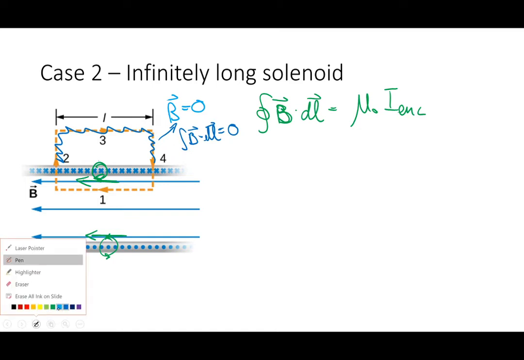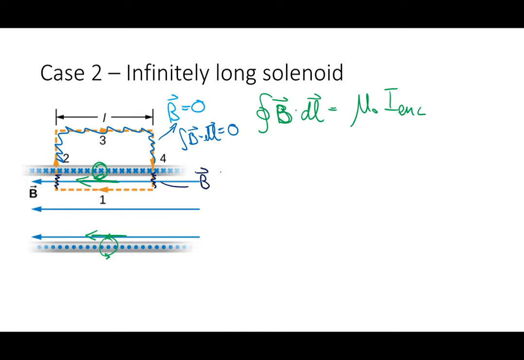That's the easy part. Next, if we look at these two chunks, yes, the B is not 0 here, but here your magnetic field is perpendicular to your dL. dL in this case would go that way. So when you do the dot product with two things that are perpendicular to each other, the dot product becomes 0.